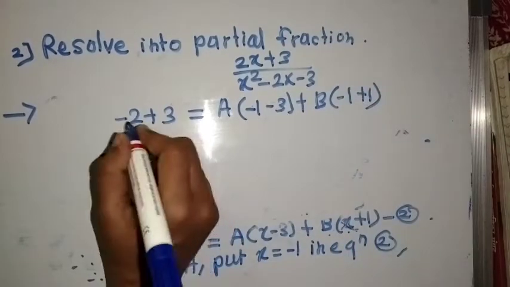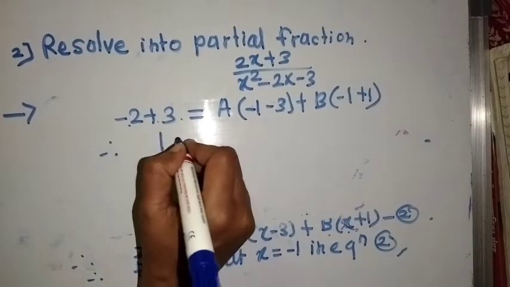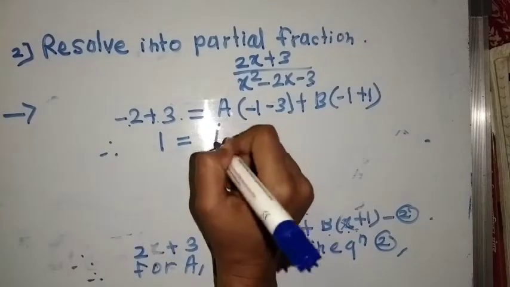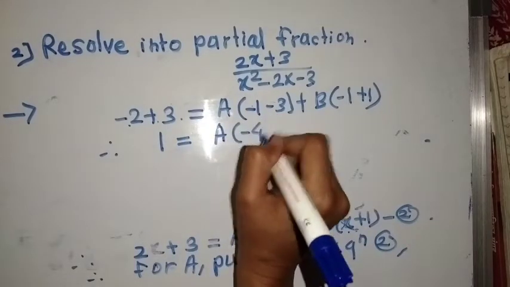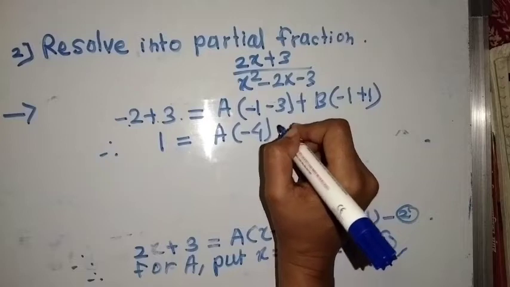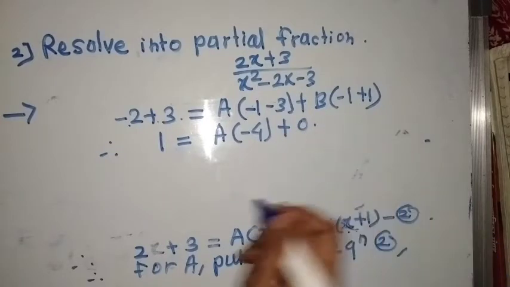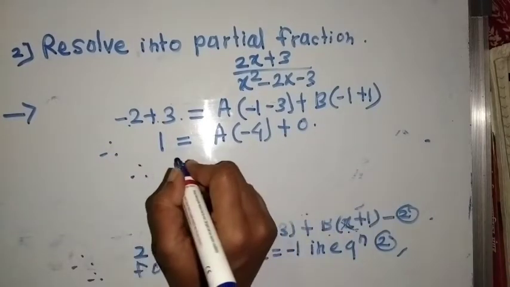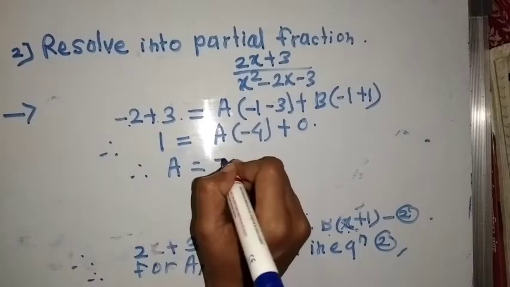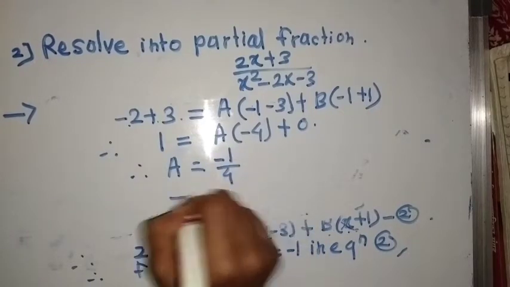So we get -2 plus 3, 1, is equal to -4a plus 0 into b, 0. So we get a is equal to -1 upon 4.